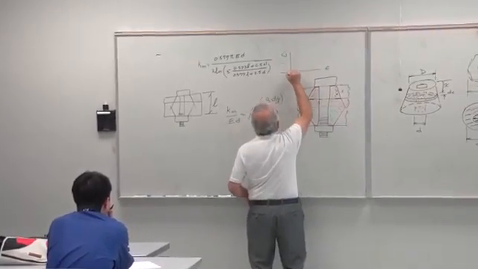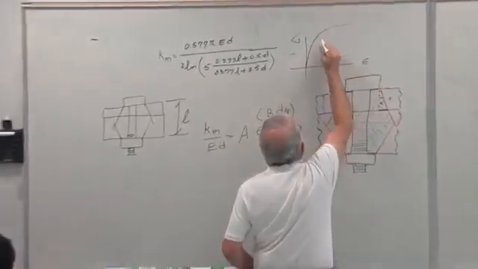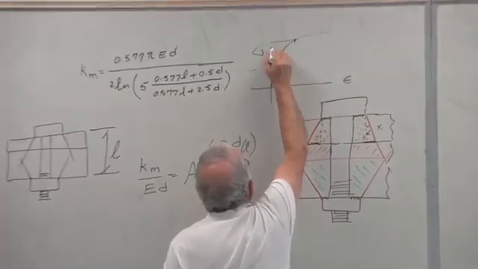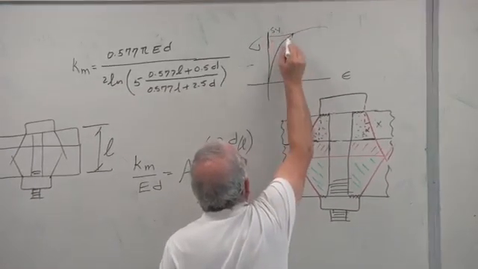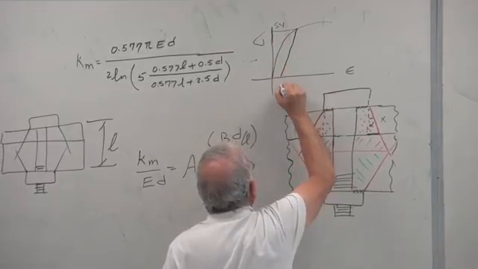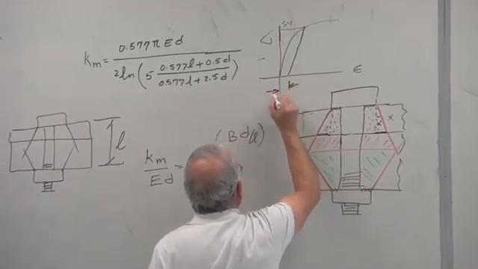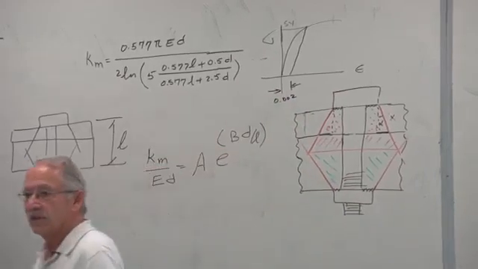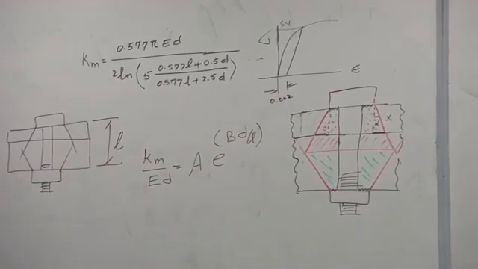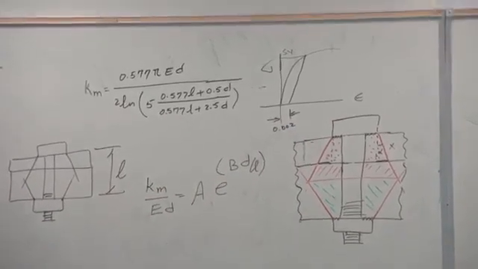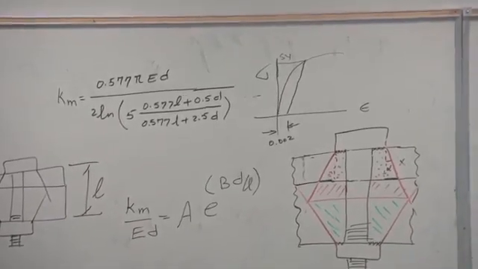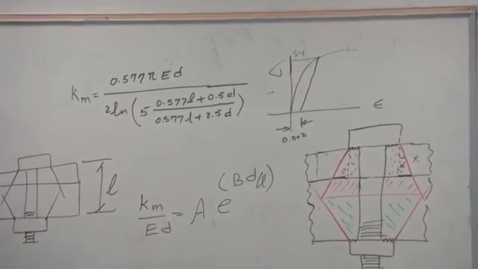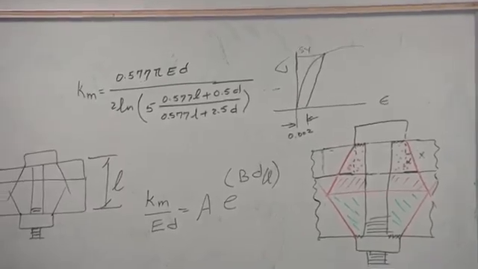In a sigma epsilon diagram, that's called the 0.2% offset yield strength, provided that's 0.2% or 0.002. Proof strength is about 90% of that. And there's a graph in your book that shows all of that. Okay? Any questions?